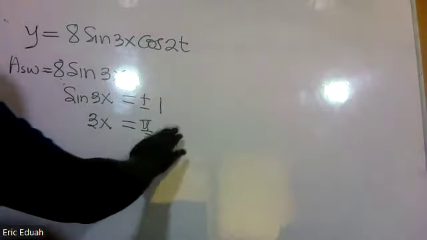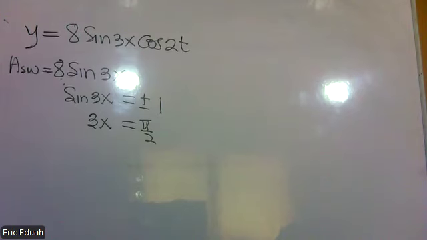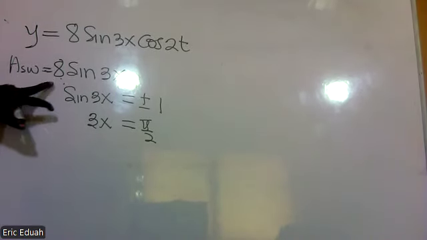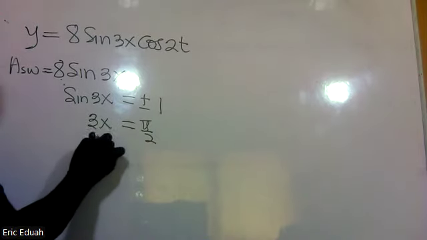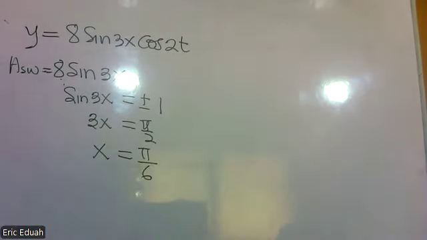We are not interested in possible antinodes, but this time we are looking for the x value which will give us an amplitude of plus or minus 8. So pi on 6.